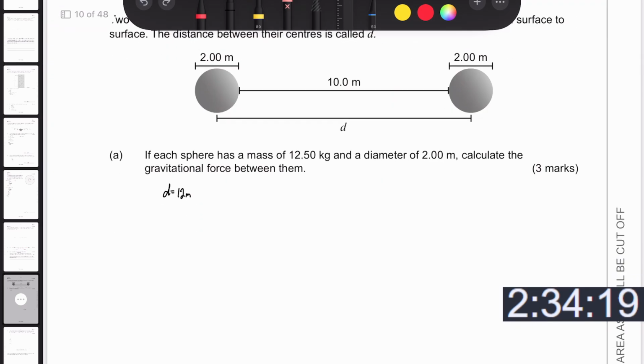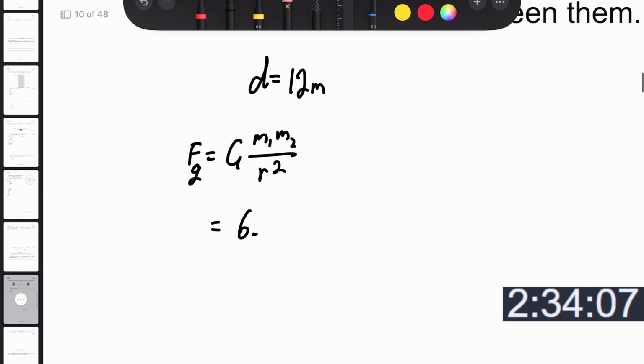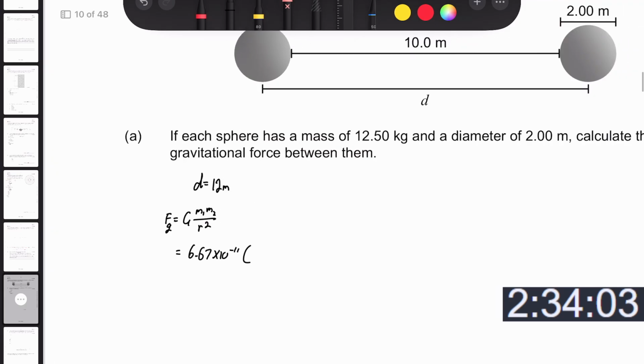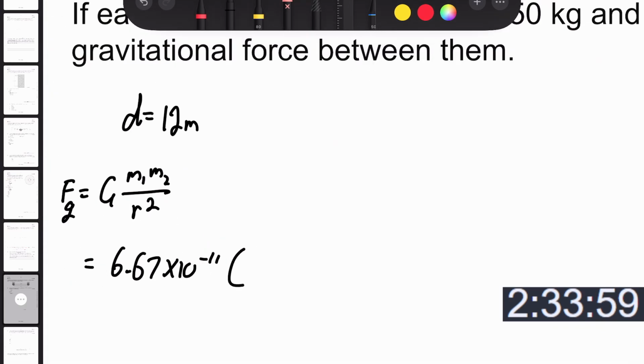So this is just going to be F equals big G m1 m2 over r squared. So this is 6.67 times 10 to the negative 11 times, they both have a mass of 12.5, so 12.5 squared all over 12 squared.